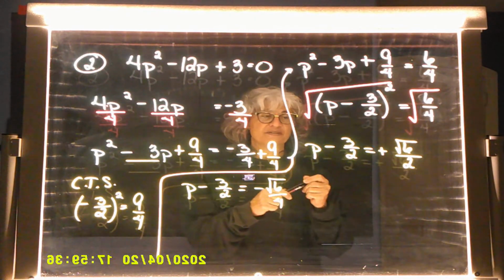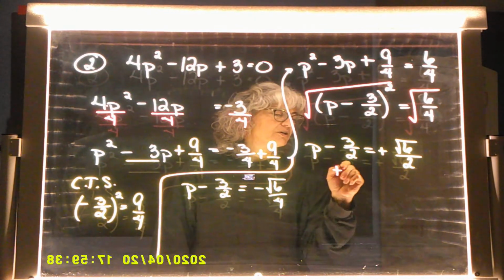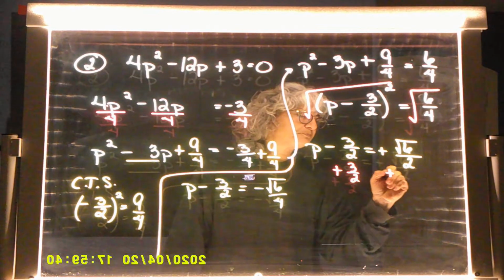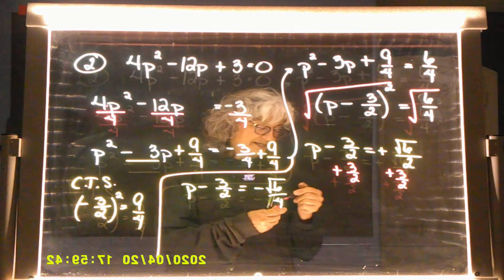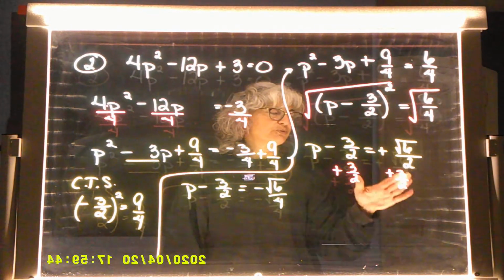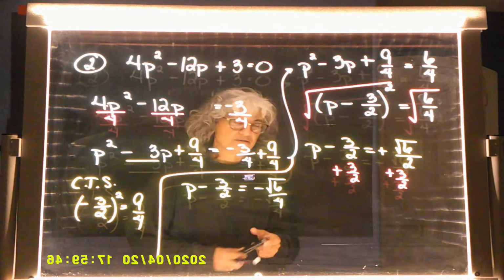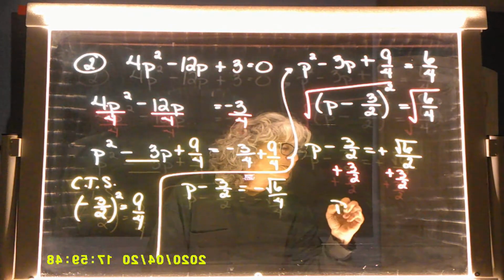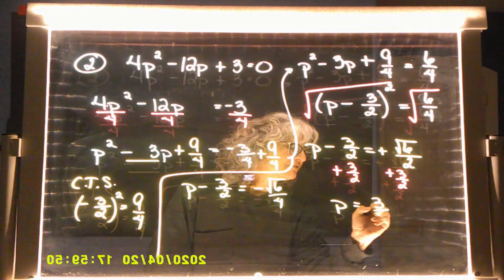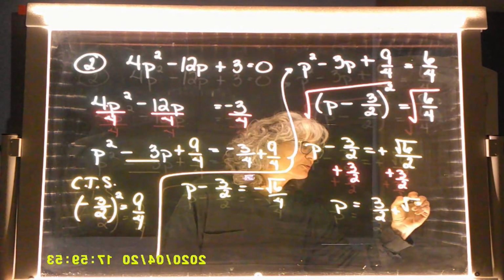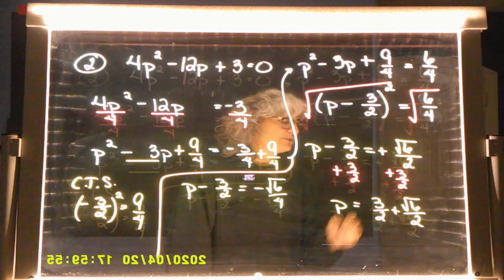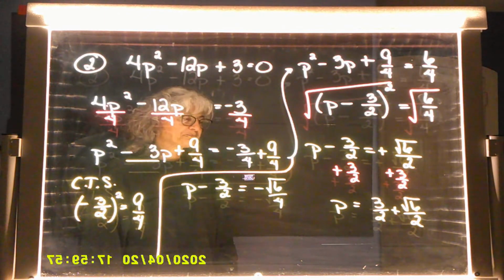So now I need to get rid of this 3/2. So add it to both sides, right? And can you add a square root with a non-square root? Nope, you can't. So you end up with p equaling positive 3/2 plus square root of 6 over 2. Are you with me?